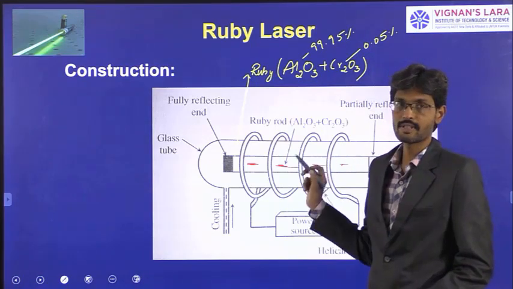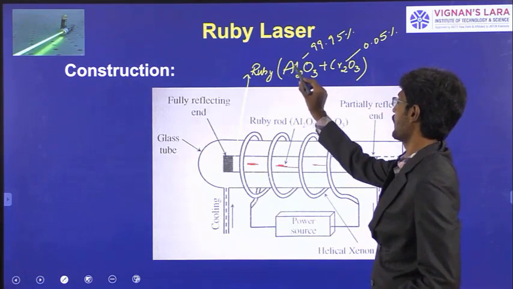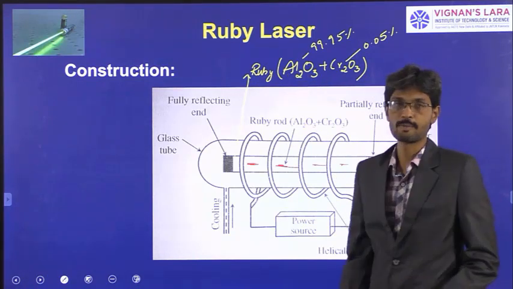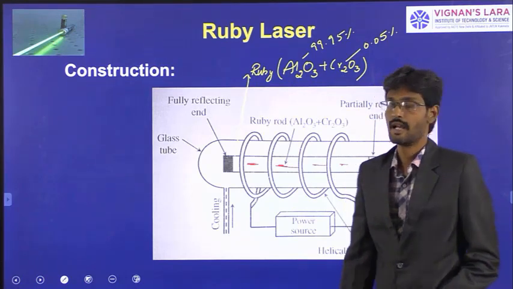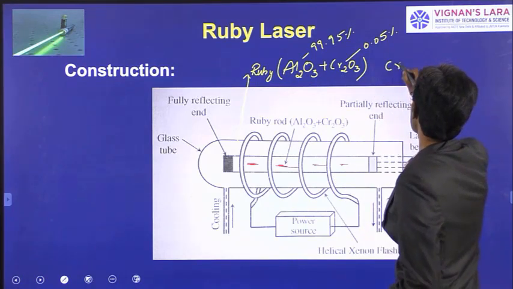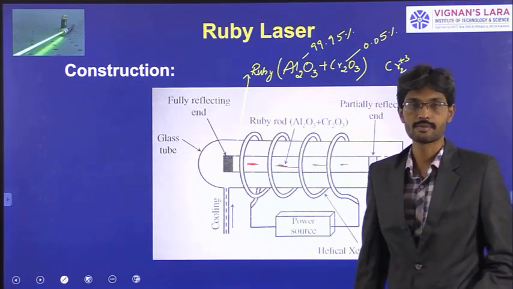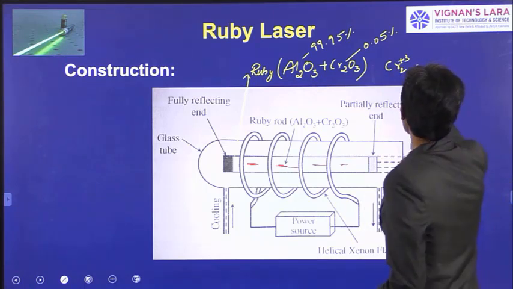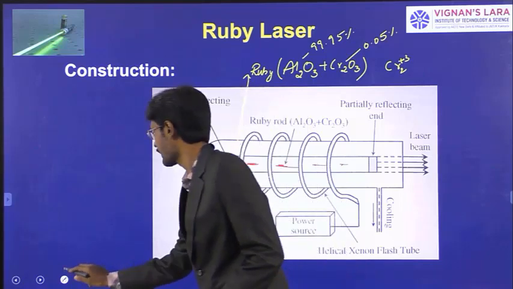So when the aluminum oxide is doped with the chromium oxide, the positions of aluminum ions are occupied by chromium ions, and these chromium ions are responsible for the production of laser.